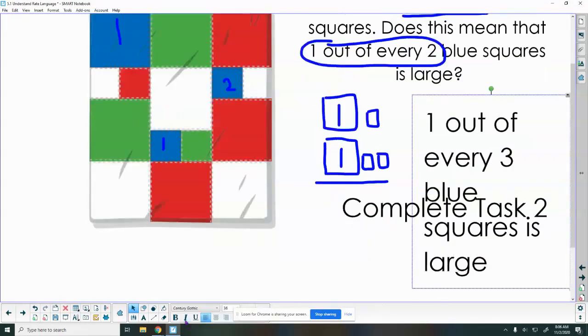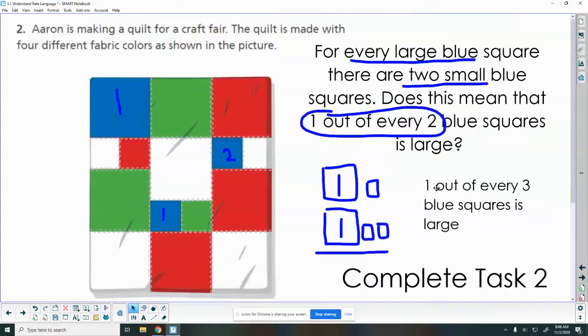So this statement up here was forgetting about one of the blue squares. It was just saying 1, 2, but we've got 2 small ones, 1, 2, for 3 total.